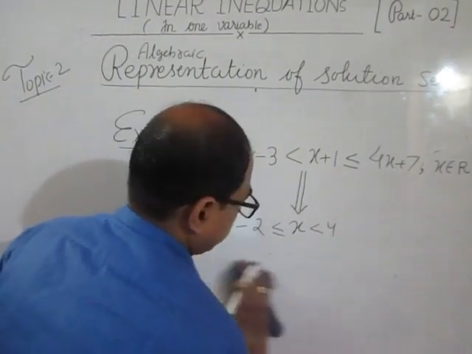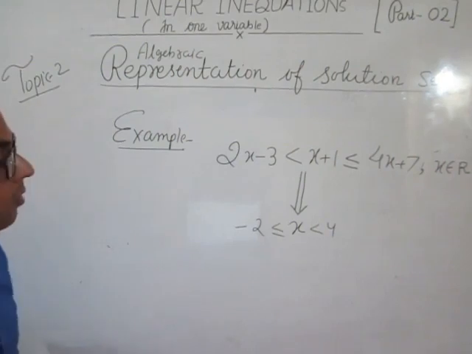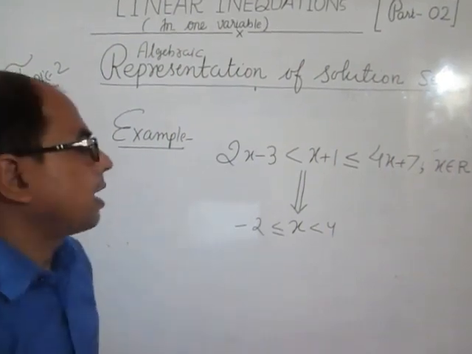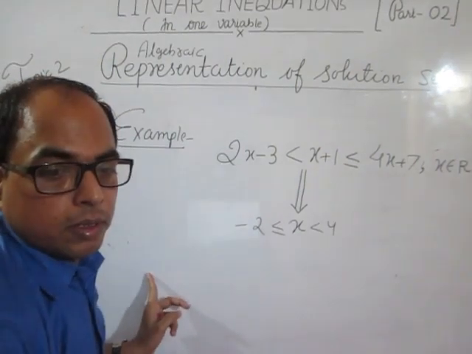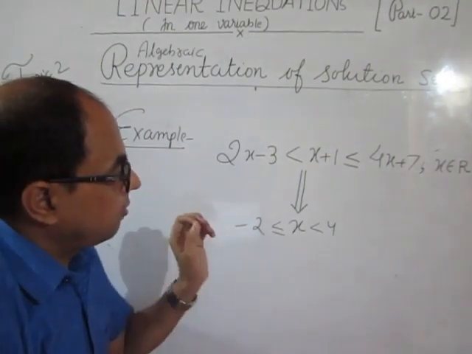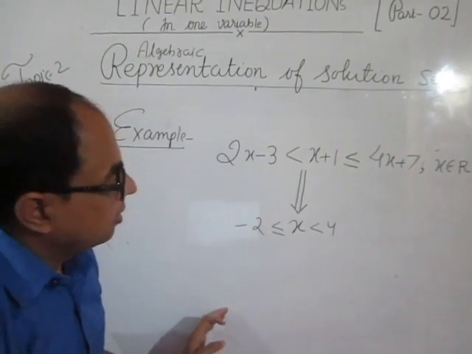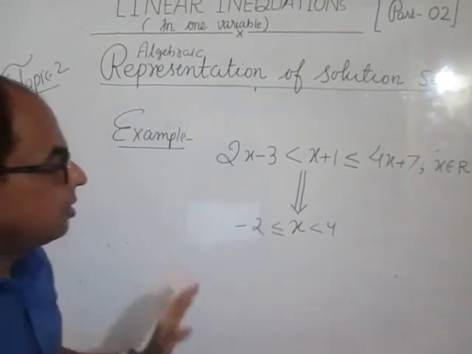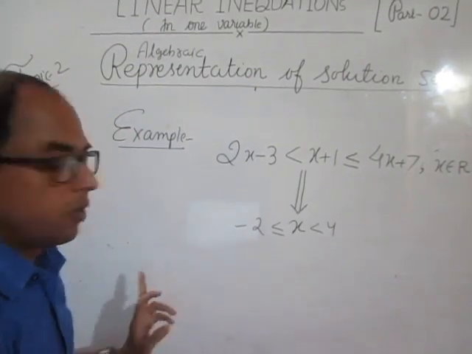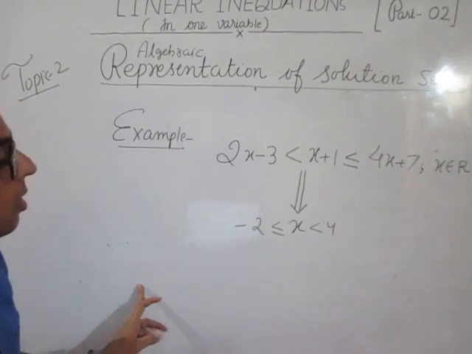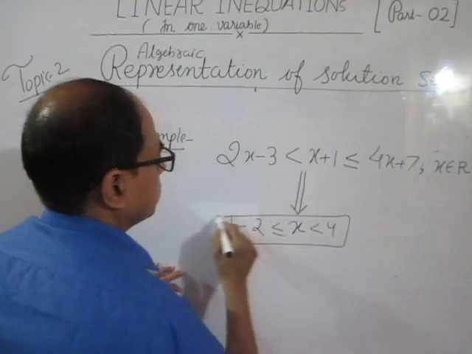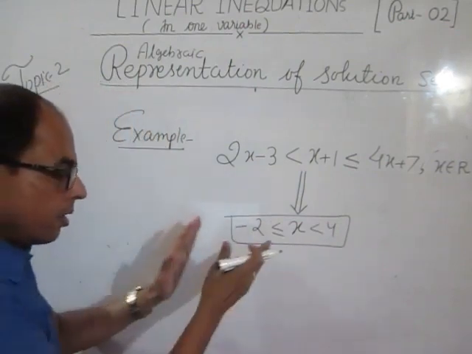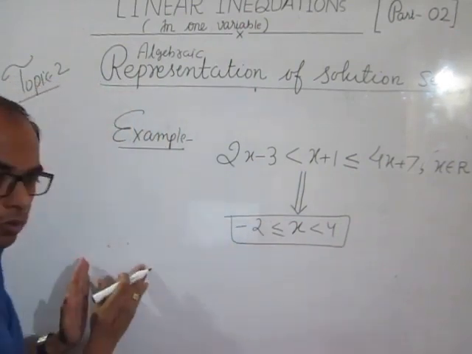Two points I want to say. First, always write the solution in set form. See, it is advised by the examiner that you should write the solution in set form. Some students leave the answer up to here. So after that, write the solution set also.